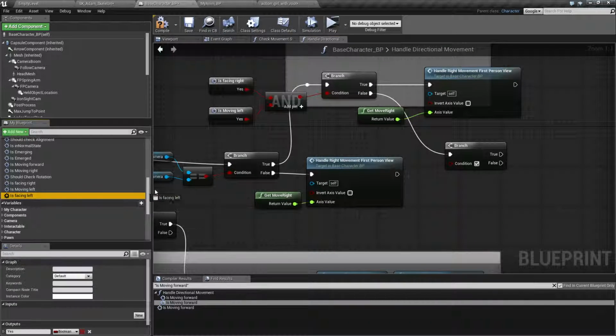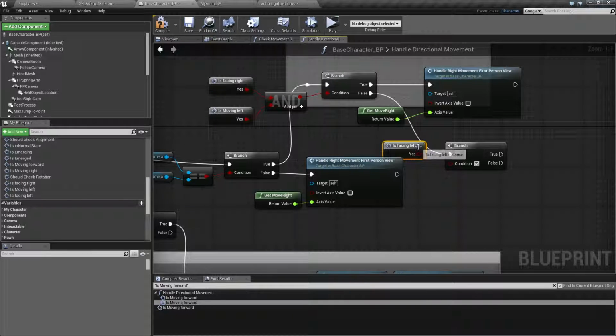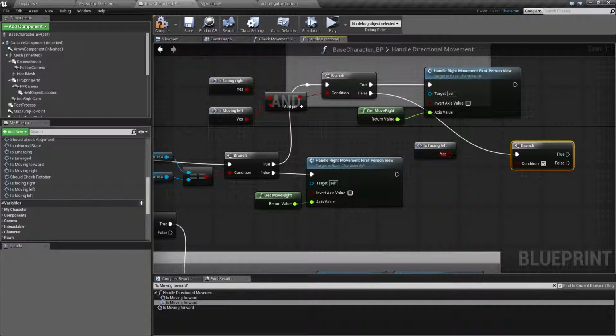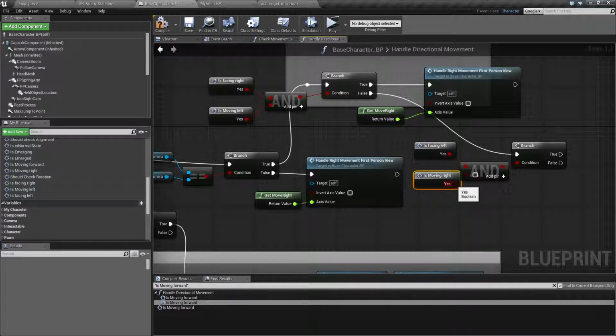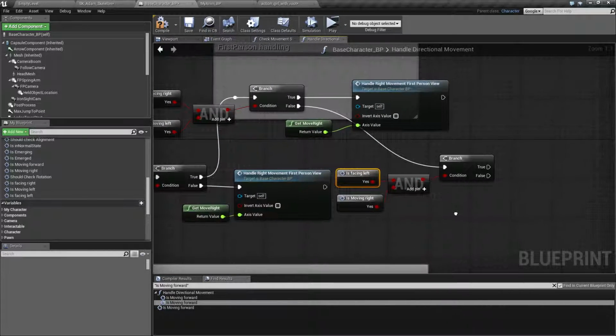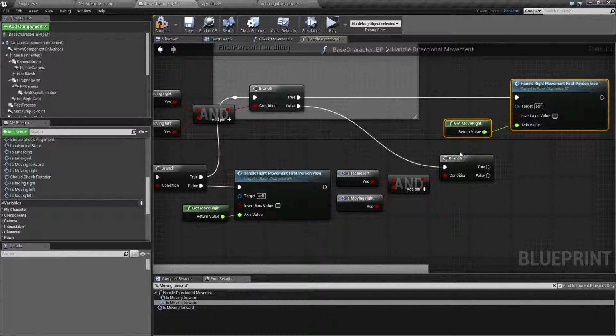So let's drag that one out. And the other one is moving right. Is moving right. Like that. So that's the opposite of this one. And in that situation, we also want to call this one.